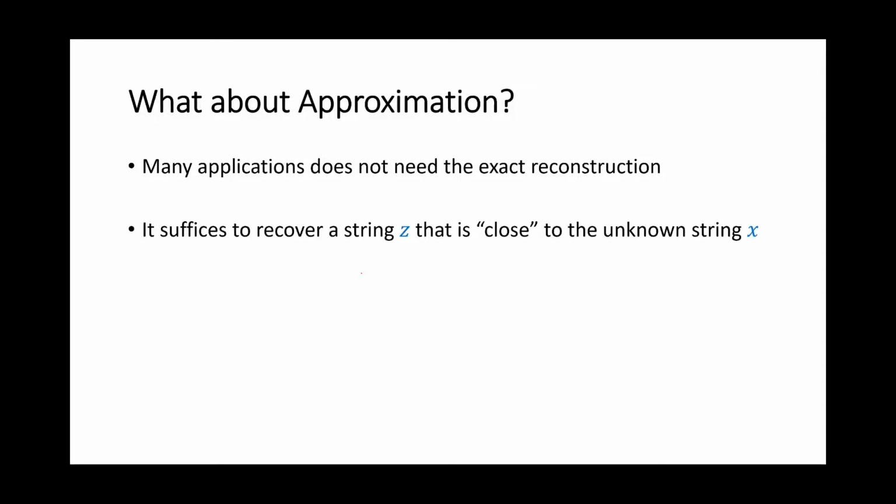So it suffices to recover a string Z that is close to the unknown string. Now what type of closeness should we talk about here? There are different measures of closeness among strings. We can take Hamming distance or edit distance, but we find edit distance is the most natural one, because in the insertion deletion channel the errors are edit errors.